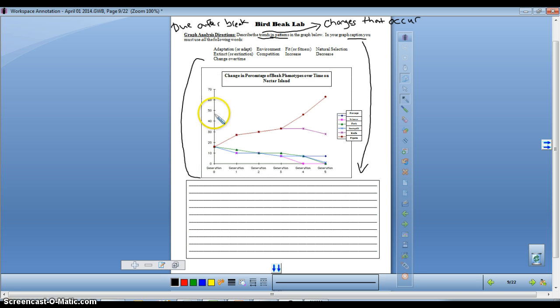What's this axis called again, when you're looking at a graph? This is called the y-axis. The y-axis in this situation is number of birds.